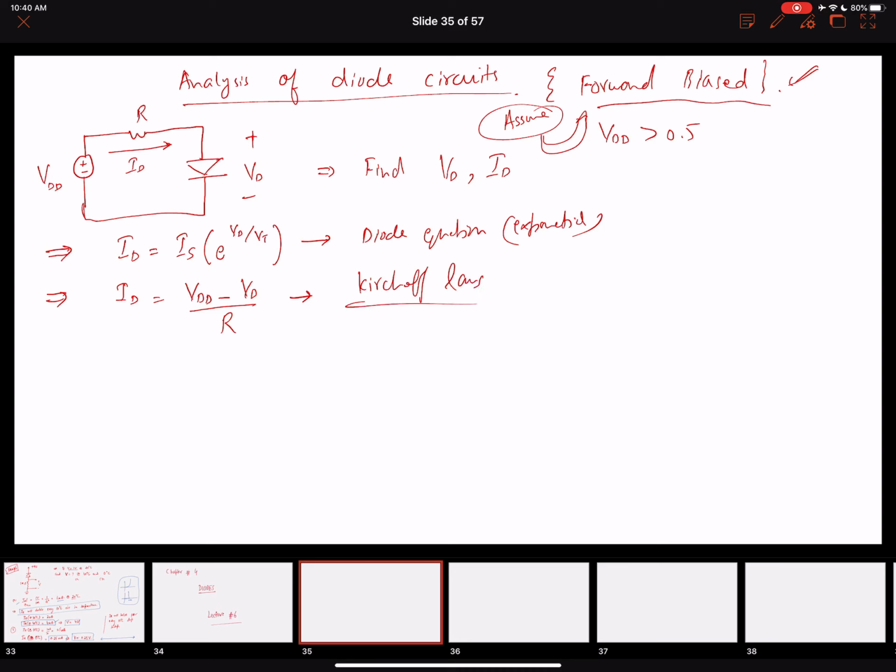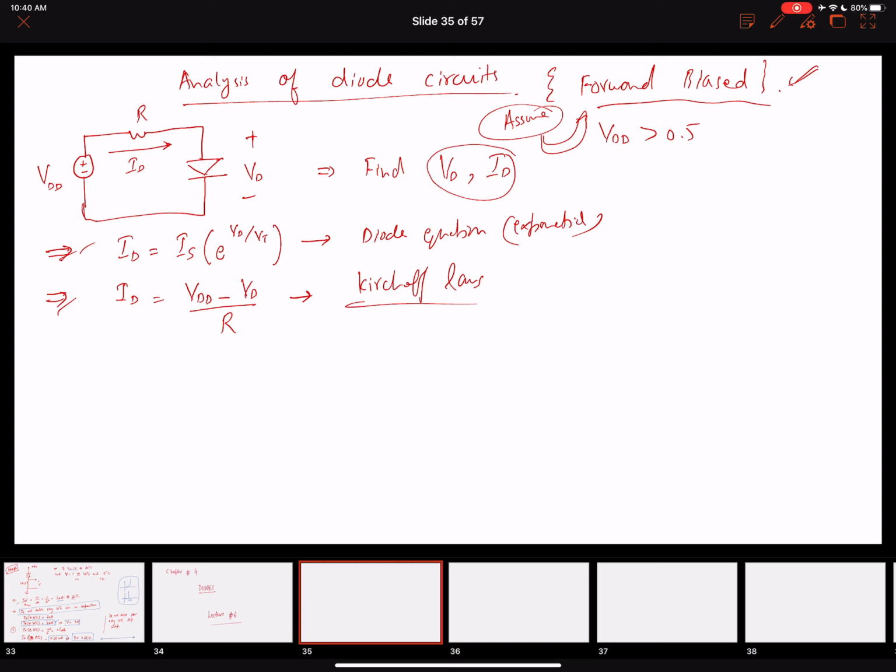Right, okay. So now we have these two equations, and we can potentially solve this circuit using either this equation or this equation. So which of the equations to use? We can find the solutions, or find VD and ID, using a couple of methods.